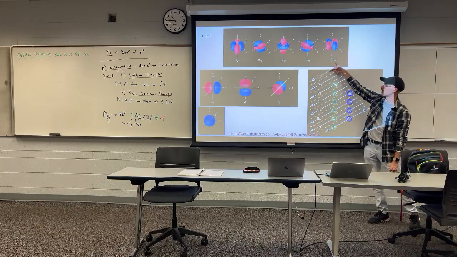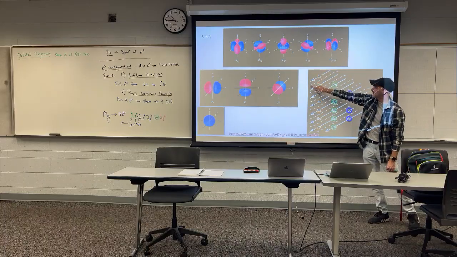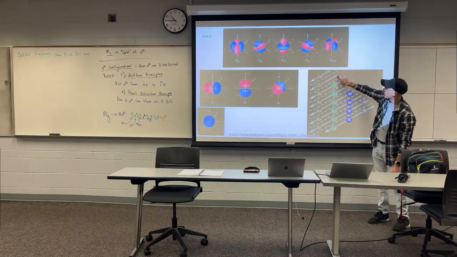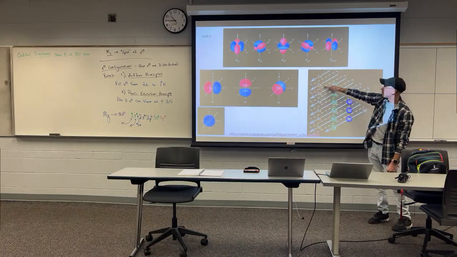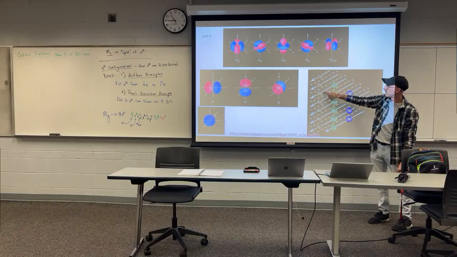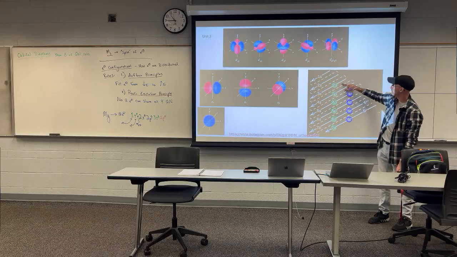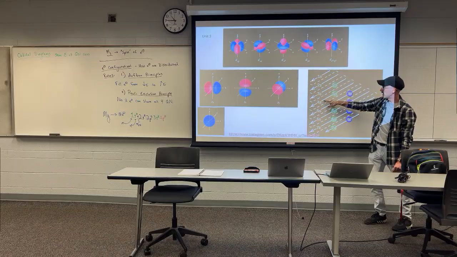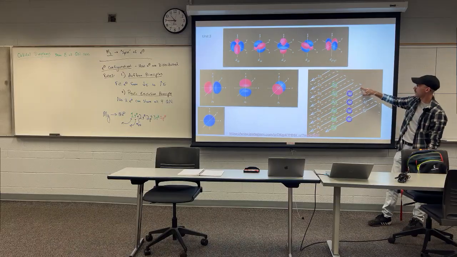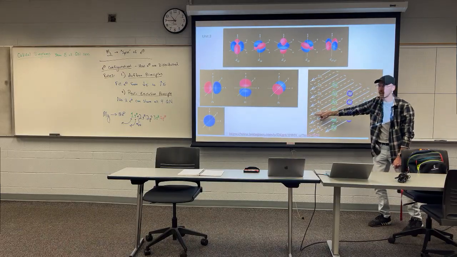Here, it's filling lowest energy at the top, and then it's actually telling you, come back around and fill 2s before you fill 2p, and then you'll fill 3s before you fill 3p, and then you fill 4s before you fill 3d, 4p, 5s.